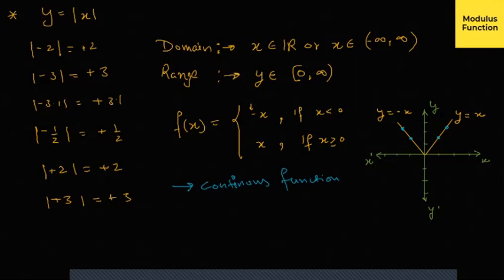So tangent is basically, suppose if you have a circle, so tangent at any point is a line touching the circle at that point.